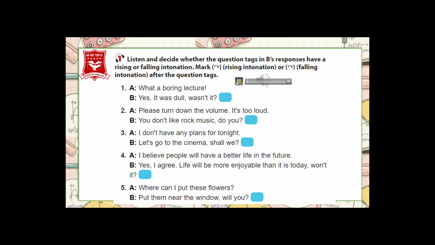Let's go to the cinema, shall we? 4. I believe people will have a better life in the future. Yes, I agree. Life will be more enjoyable than it is today, won't it? 5. Where can I put these flowers? Put them near the window, will you?